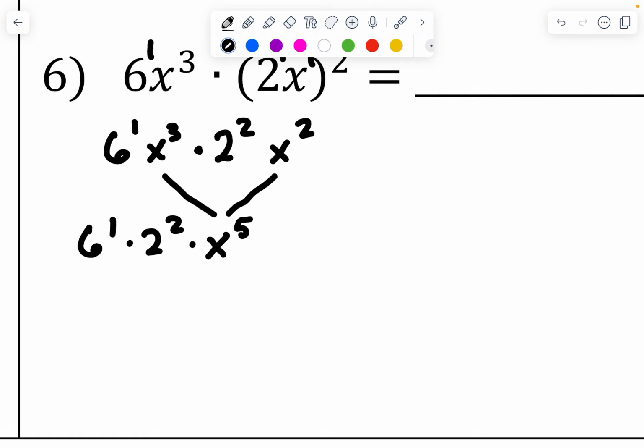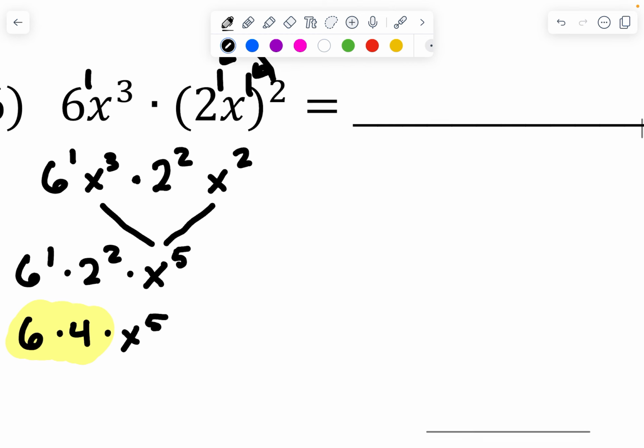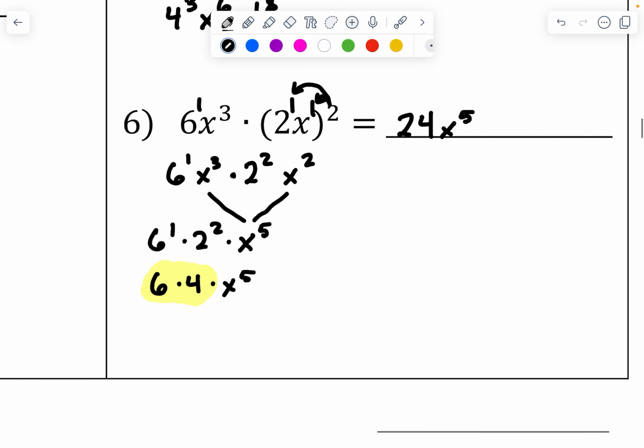Well, 6 to the power of 1 is 6, 2 to the power of 2 is 4. So now I can just finish this, right? These coefficients here, we can just multiply them. 6 times 4 is 24. And then we have x to the power of 5, and we are done. And that's my final answer.